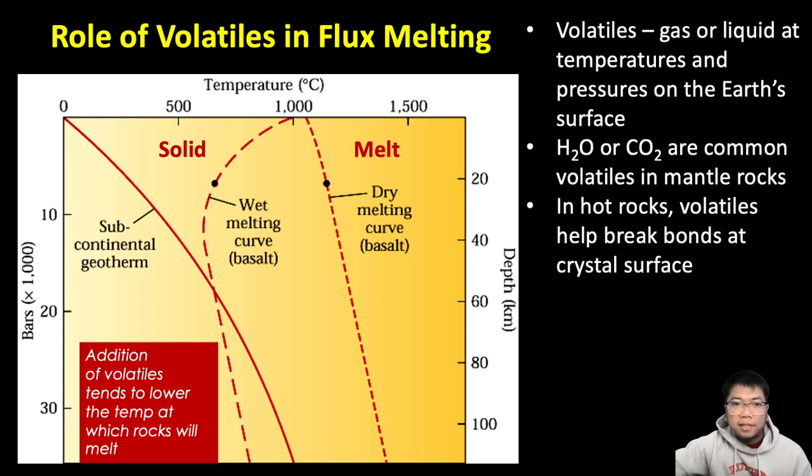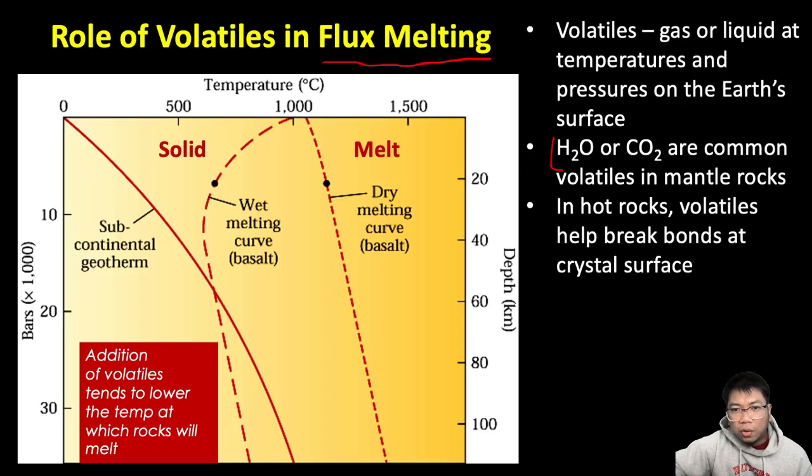And the third process is by adding some volatiles, and the process is called flux melting. Volatiles are gas or liquid at temperatures and pressures on the Earth's surface, and two of the most common examples would be H2O and CO2.